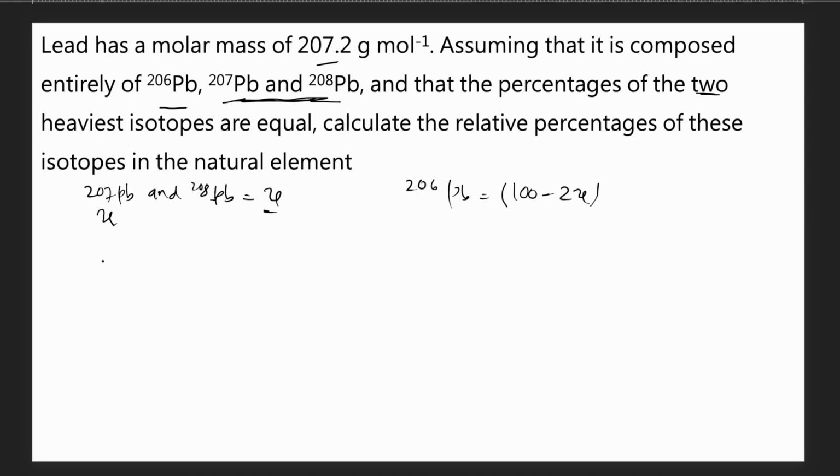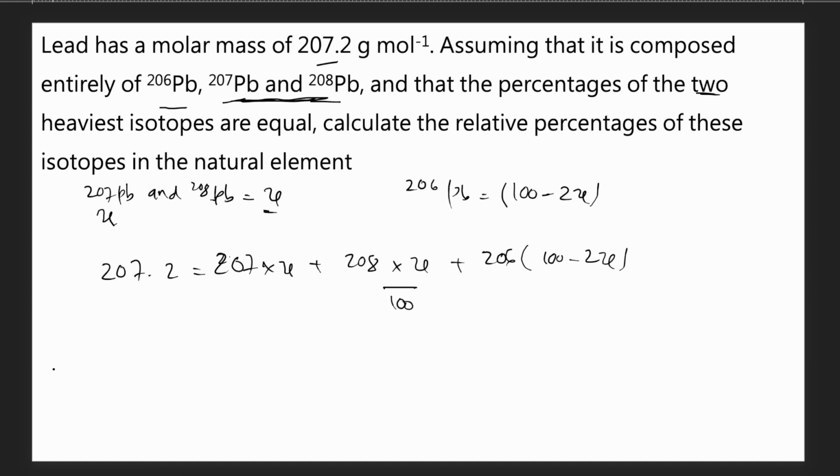Let's do the calculation now. So 207.2 equals 207 times x plus 208 times x plus 206 times 100 minus 2x, divided by 100.